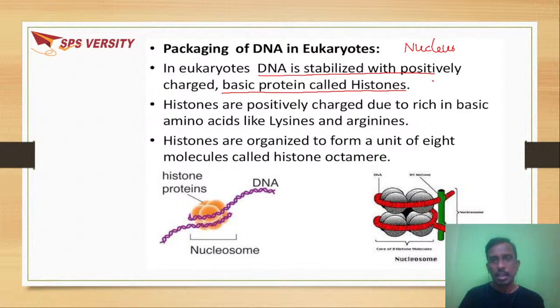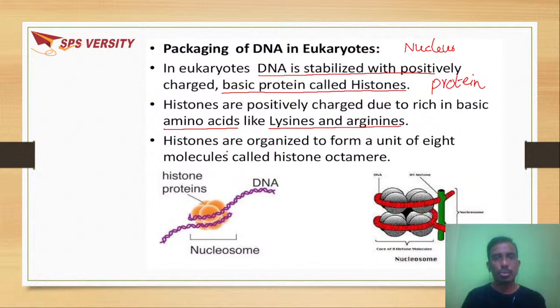That is, DNA is associated with positively charged proteins, specifically called histones. Why are they called histone proteins? They are rich in basic amino acids, that is, rich in lysine and arginine. Histones are rich in lysine and arginine.